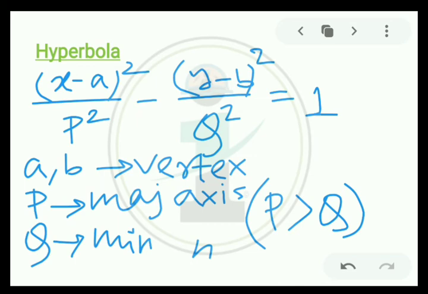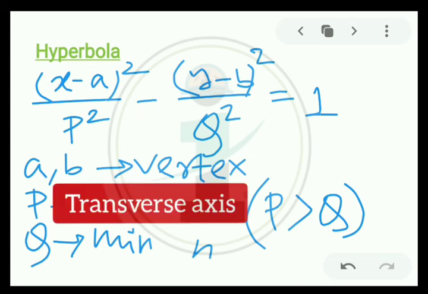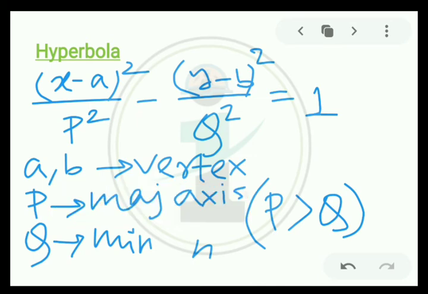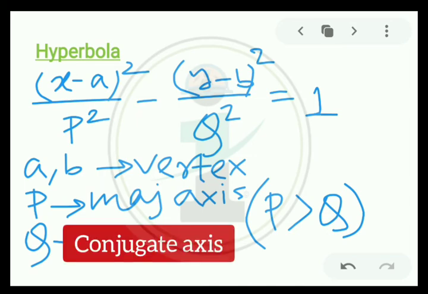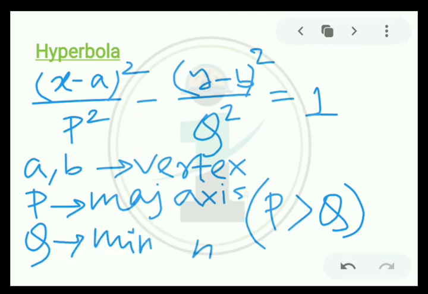So the major axis has a name, that is transverse axis, and the minor axis has a name that is called the conjugate axis. Please note that the major axis is also known as transverse axis, and the minor axis is also known as the conjugate axis.